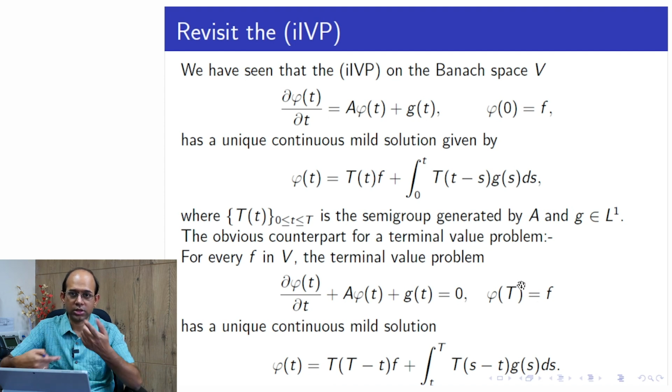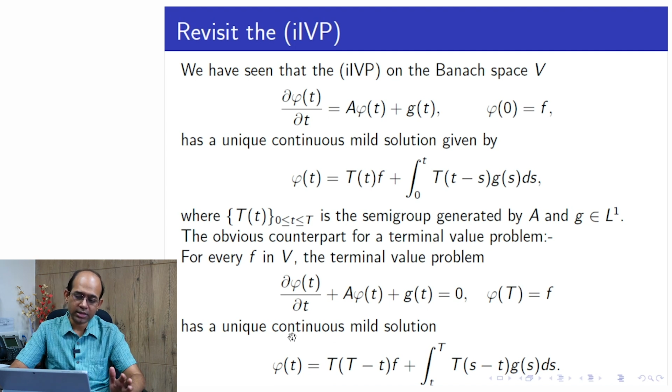Instead of 0, it is now the terminal time capital T. I hope this notation will not be confusing. Here I am writing the terminal time as capital T, and I am also writing the semigroup as capital T, because the semigroup always comes with a parenthesis following it, whereas for the final time there is no parenthesis.